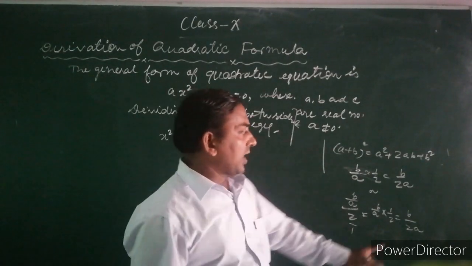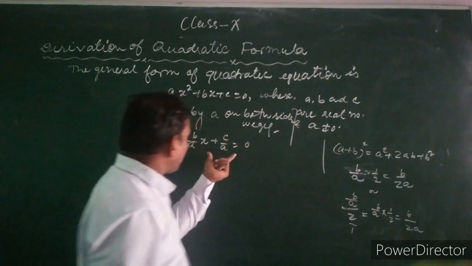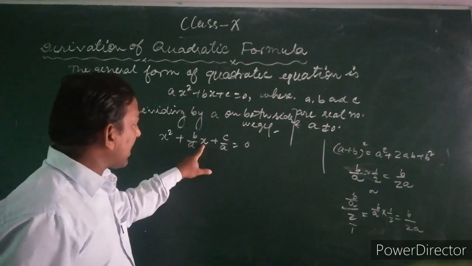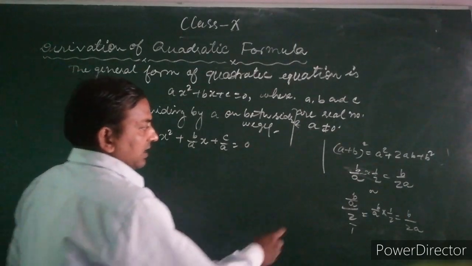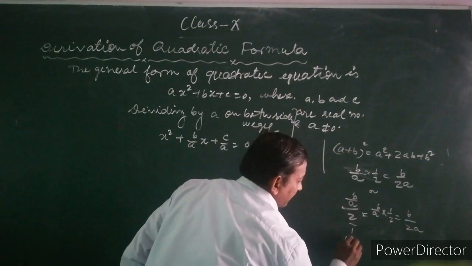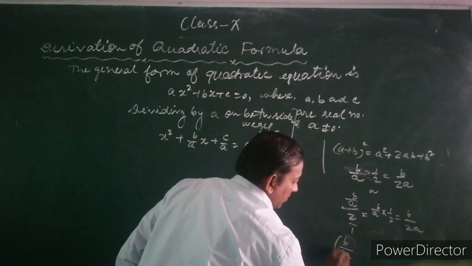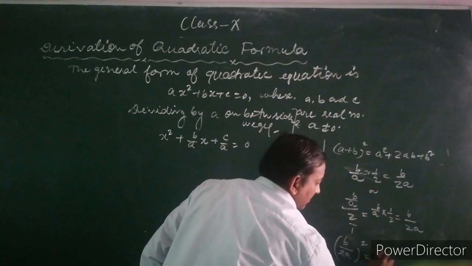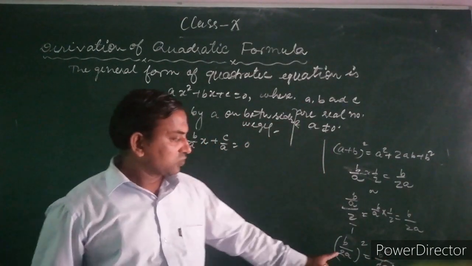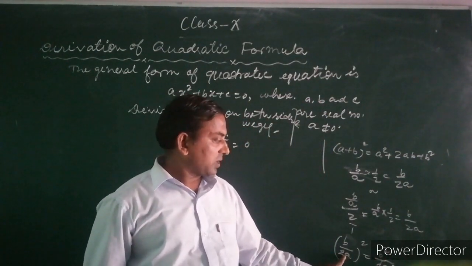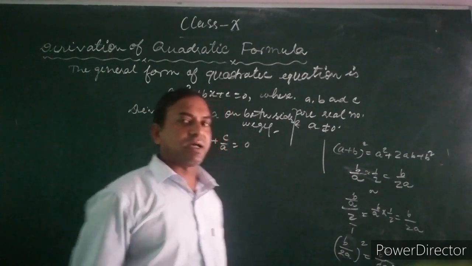And taking the square of b upon 2a, we add on both sides the square of half of the coefficient of x. That is the square of b upon 2a, b upon 2a whole square, that is b square upon 4a square. 2a whole square means 4a square. So b square upon 4a square.